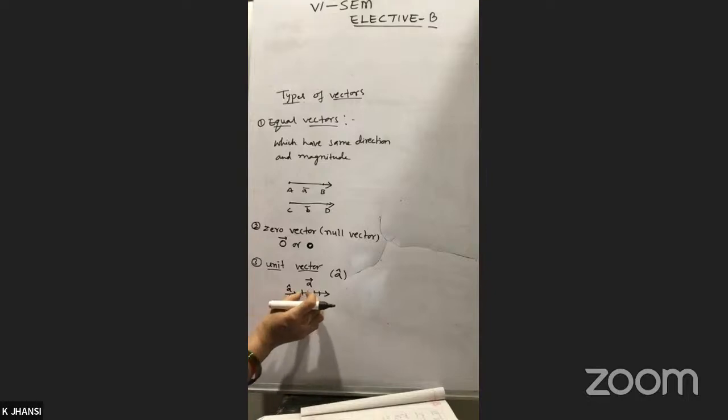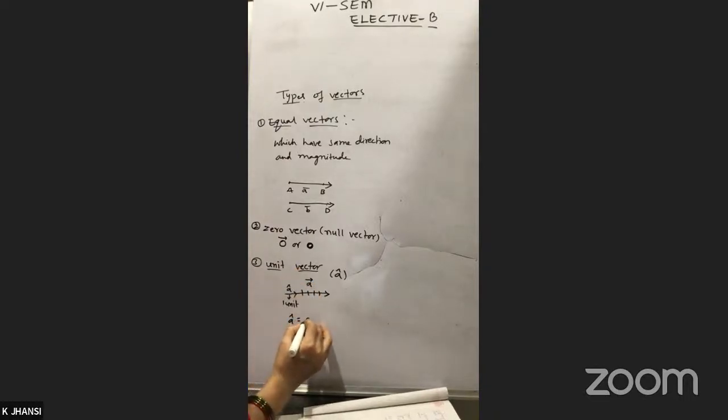It moves along the direction of vector A with magnitude 1 unit. Such a vector is called a unit vector. That's why we define A cap as vector A by magnitude of vector A. This definition is very important for solving problems.